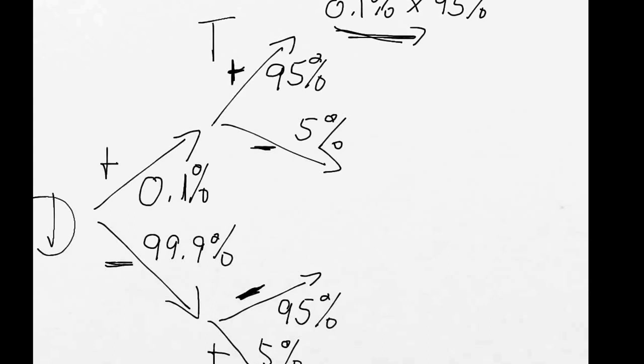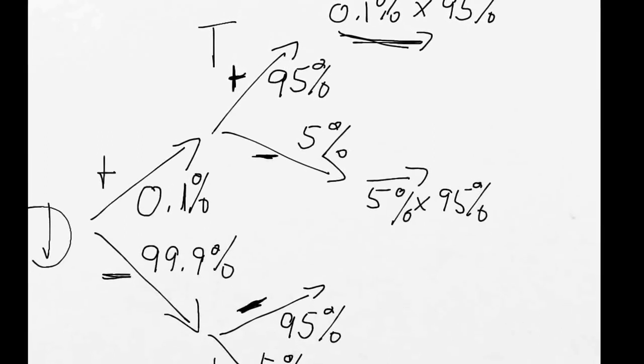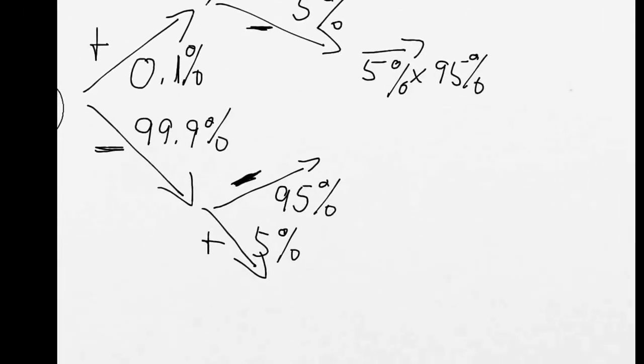So we can calculate that. Or 0.001, if we get rid of the percentage, which obviously means per 100. We can do that for this one here as well. So how would I do that? For the one underneath, it's 5% times 95%. Okay? For this one here, what would I write?